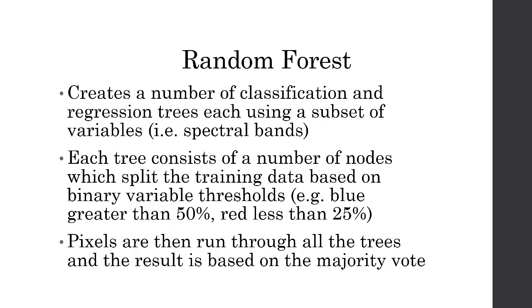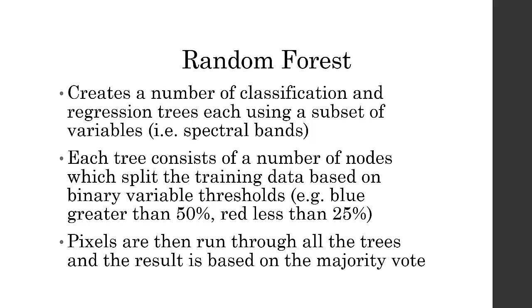And the way each tree works, and we're going to look at a tree in detail in just a second, is that each tree consists of a number of nodes or levels. You can think of each node as being a binary decision. So we're going to take the blue band and say, is the blue band greater than 50%? If yes, go left. If no, go right. Then if you went yes on the blue band, you say, okay, is the red band less than 25%?